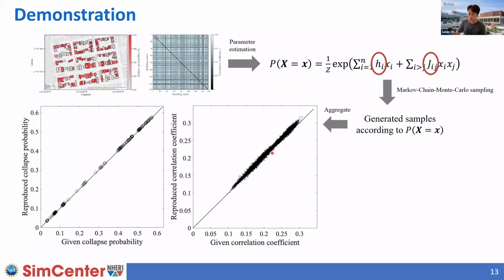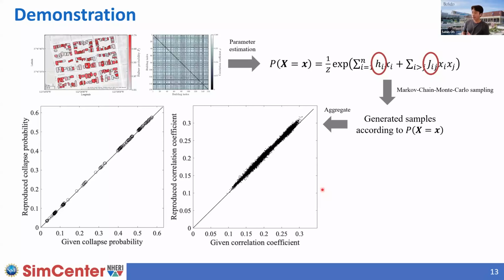In both figures, the x-axis is the given statistics obtained from the R2D, and the y-axis is the reproduced statistics using the constructed Ising model. The points in both figures are distributed along the identity line, meaning that the constructed Ising model successfully reproduces the given information.